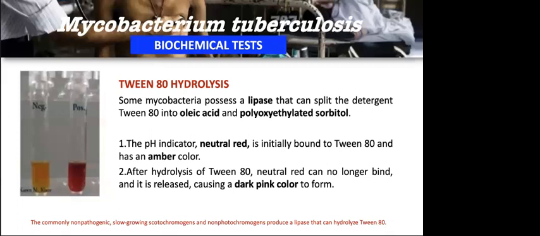So the commonly non-pathogenic slow-growing scotochromogens and non-photochromogens produce lipase that can hydrolyze Tween 80. So Tween 80 hydrolysis is quite useful for differentiating species of photochromogens, non-chromogens, and scotochromogens.